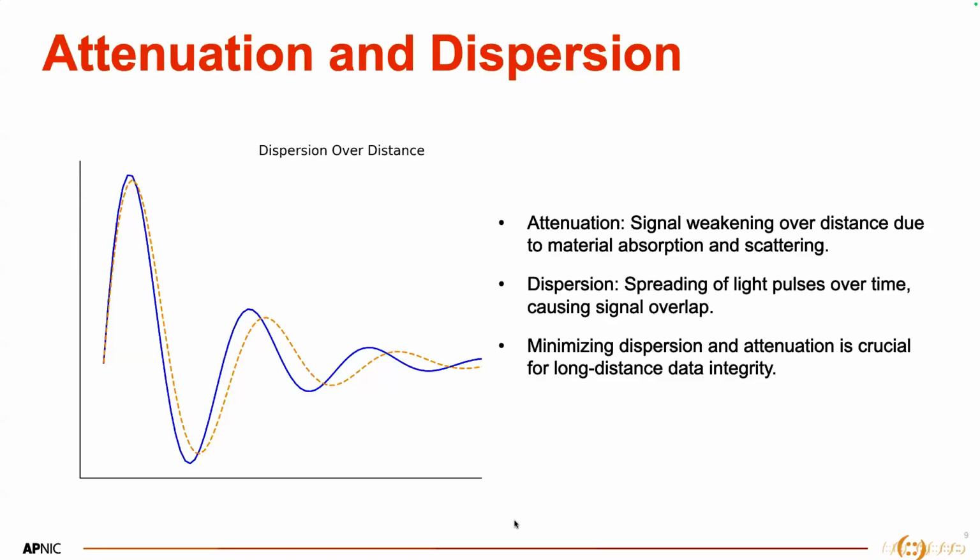As time goes by, the blue line is the expected line which it was supposed to follow, but the orange line is the practical line which it has become over time and distance. This phenomenon is called dispersion, where the wave is spreading and it overlaps with another one. So this is how dispersion occurs.